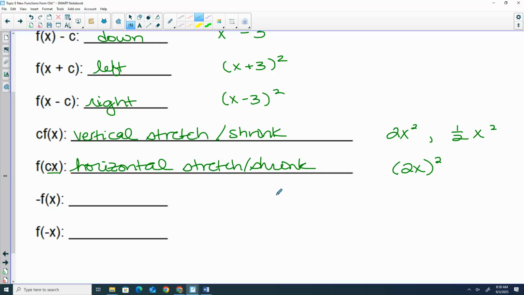What does a negative out in front do? It's like taking all of your y's and making them negative, so it flips your graph upside down. And if there is a negative on the inside, it's like making your x's opposite, so it flips it over.